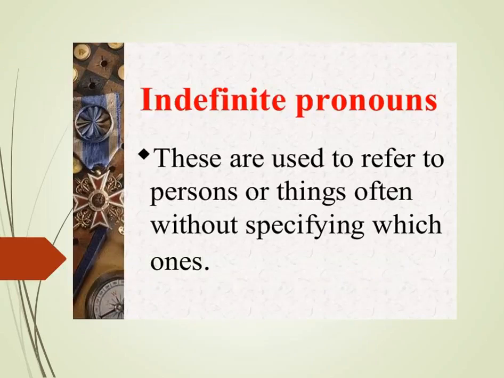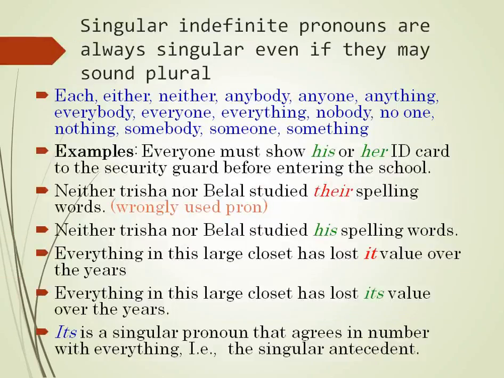Indefinite pronouns. These are used to refer to persons or things, often without specifying which ones. You don't know which one is going to be indicated, and that is why sometimes it's very difficult to refer. Let's see the examples. Singular indefinite pronouns are always singular, even if they may sound plural, because they confuse us.